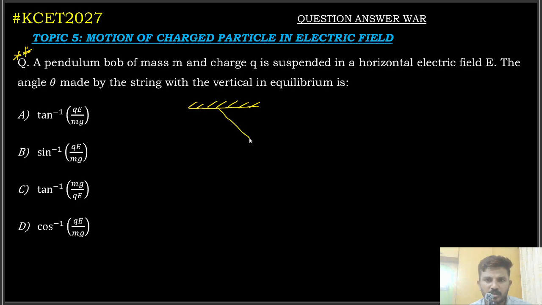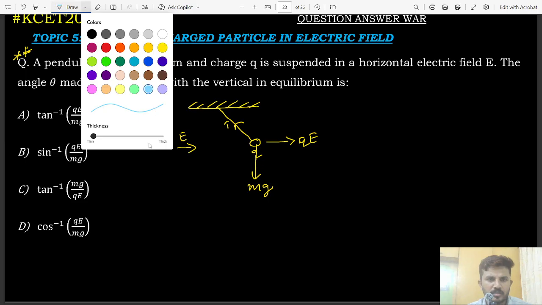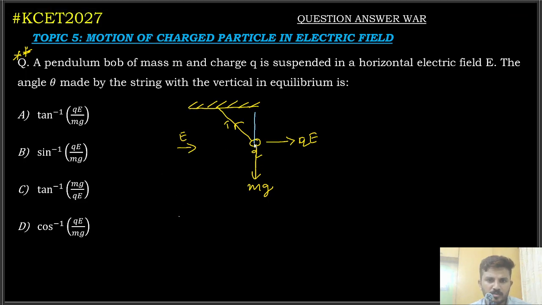So here when the electric field is applied, let's consider this is the charge q. There is an electric field applied in this direction, so its force will be QE. Its mass is m, so there will be weight mg downwards. Tension in the string is T. If I consider the resolution of these vectors, this is theta. So this side it is T cos theta, correct? This side it is T sin theta.